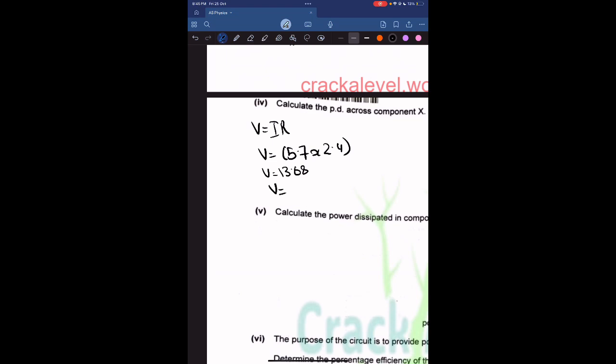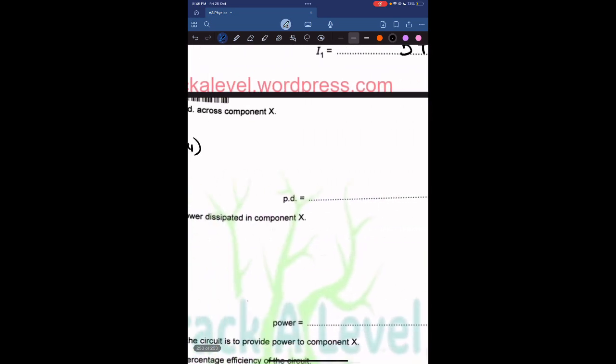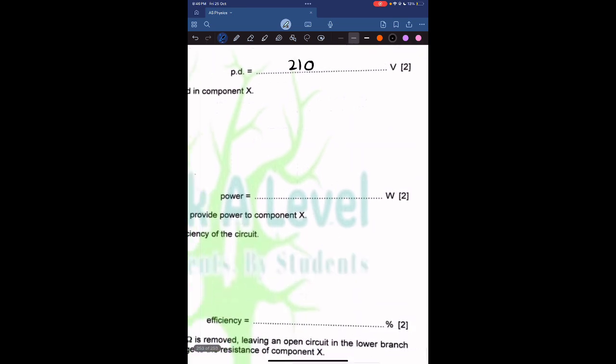So we'll round that off to 14. And to find the voltage across X, we had 224, the total voltage, minus 14, and we are getting 210, and this is your answer, 210 volts across the component X.